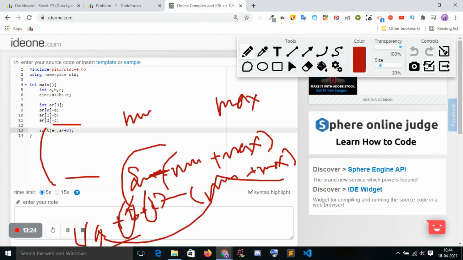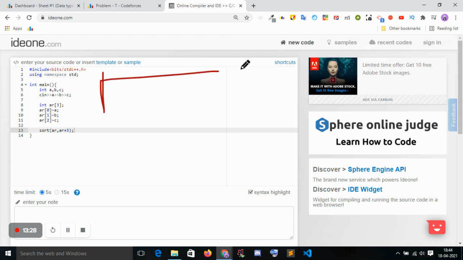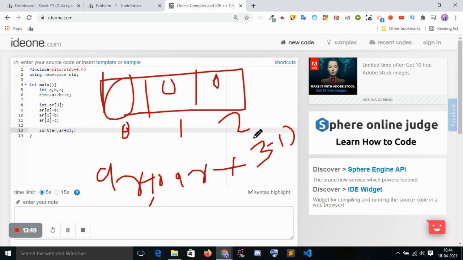The array has 3 boxes right now. Indexing always starts with 0: 0, 1, 2. So whenever you write array plus 3, it will take from index 0, because it starts with index 0. Array plus 0 will take till index 3 minus 1. If I really want to sort only two elements, I will not include the first one.